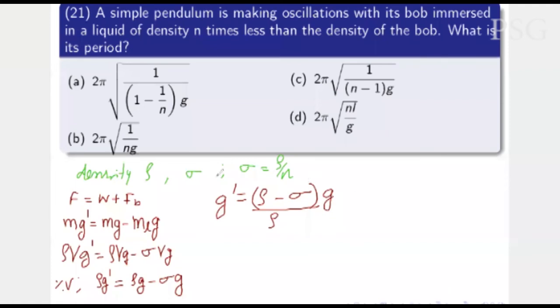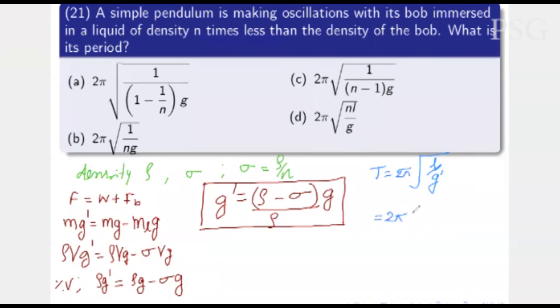Now you have the effective acceleration due to gravity. Remember this expression for all the problems, this is important. Effective gravity when a bob is immersed in a liquid of density sigma and density of the bob is rho. You can substitute this value to calculate the time period. Time period equals 2 pi into root of L by g. Yes, correct. So what is this g? Effective acceleration. Here the effective acceleration is g prime.